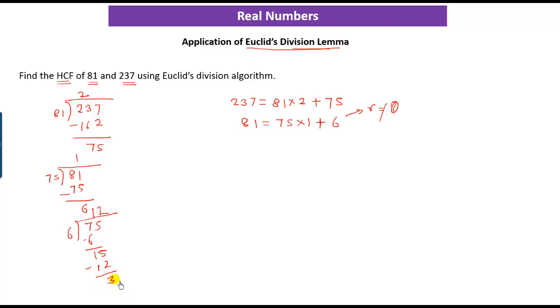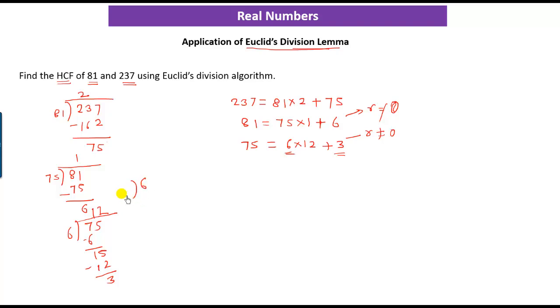So 3 will be the remainder, and this we will write as 75 equal to 6 into 12 plus remainder 3. Again the remainder is not equal to 0, and so we will divide 6 by 3.